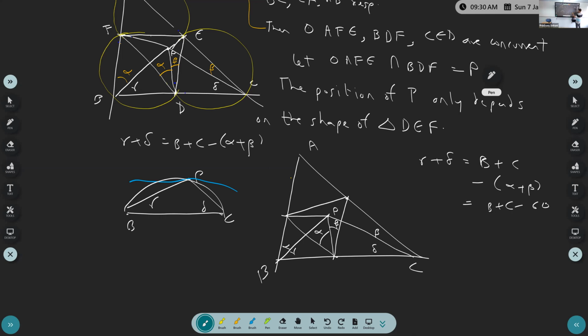So therefore, angle BPC will be its supplement, simply 180 minus B minus C plus 60. So that is simply 60 plus A. So in other words, if I draw an arc of angle 60 plus A on side BC and the same on CA and AB, wherever they meet, that will be my point P.